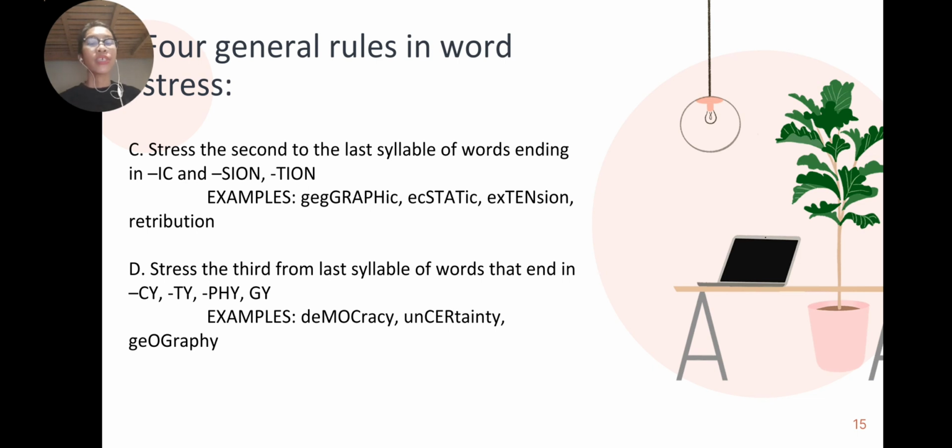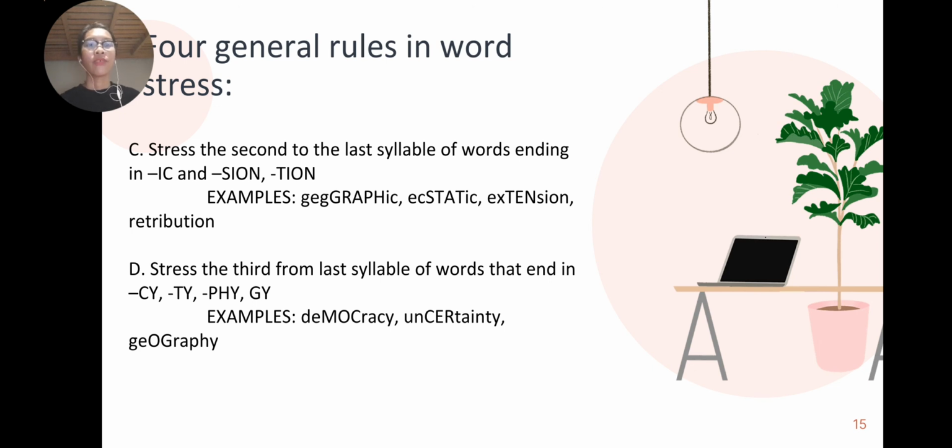We have letter C, stress the second to the last syllable of words ending in IC, SION, and TION. Okay.